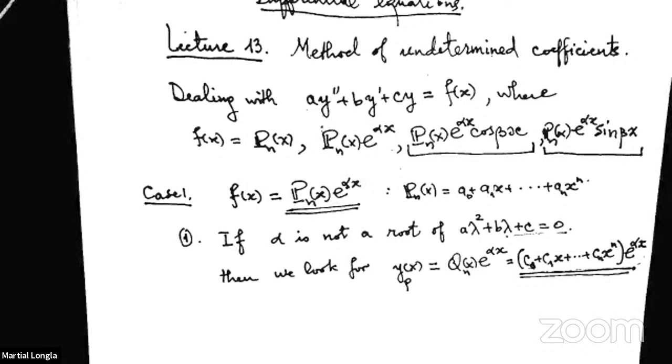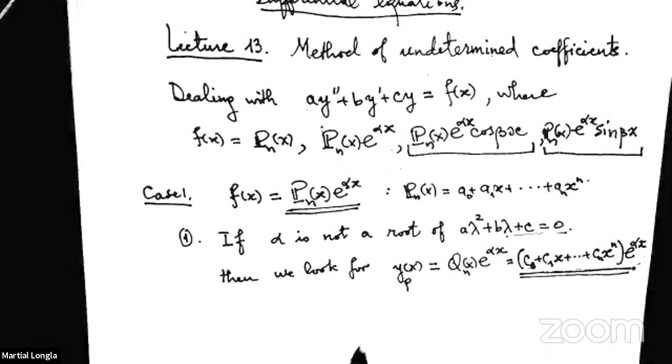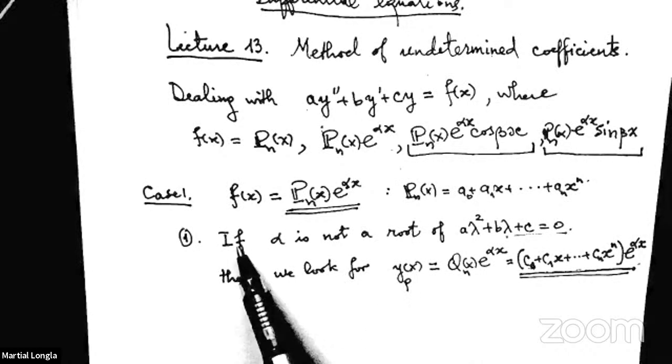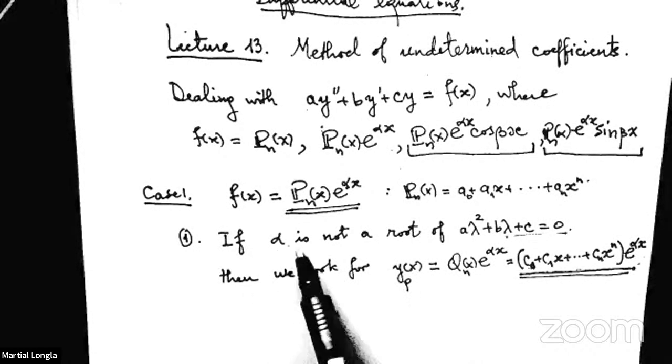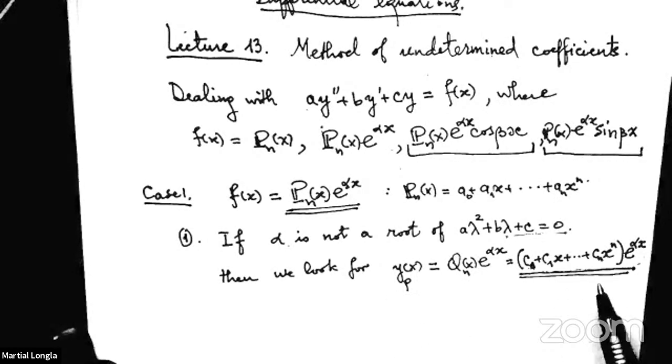Am I making sense here? Yes. And you got to be very careful. Anytime you have that, make sure you check first that condition that alpha is not a root of this equation. All right. And if that is the case, then you look for that.